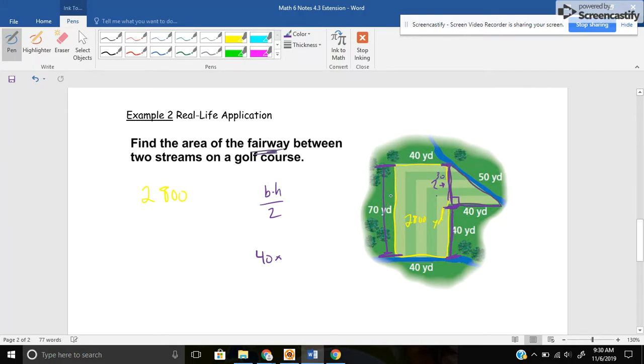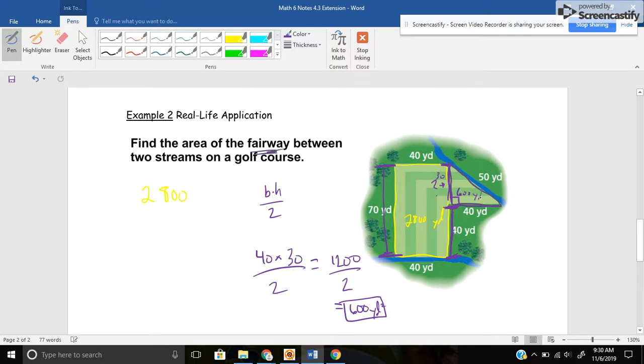Okay, so 40 times 30 divided by 2. Okay, well, 4 times 3 is 12, and there's 2 zeros, so 1,200 divided by 2. Well, 12 divided by 2 would give me 6, and there's still those 2 zeros there, so 600 yards squared for this region.